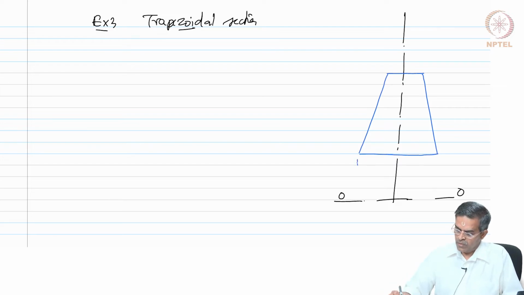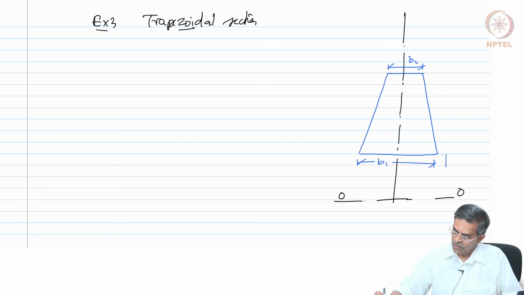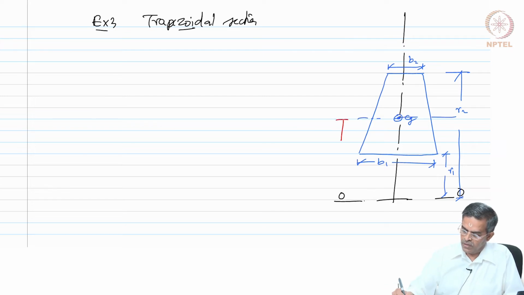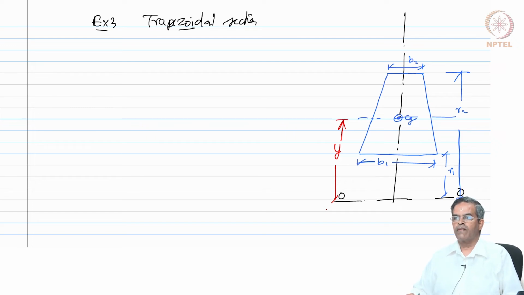Let us say this is B1, this is B2, R1, this is R2. Let us say this has got a CG somewhere here. So, this becomes a CG axis which is measured at a distance from the plane of reference, that is the radius R.